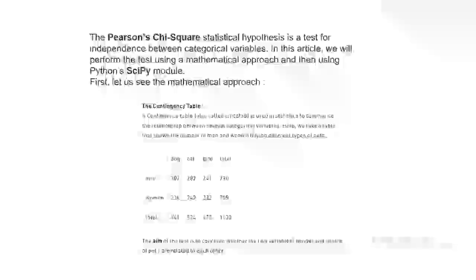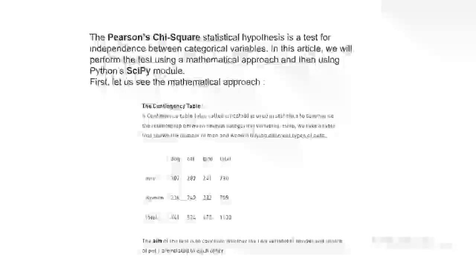The number of men and women buying different kinds of pets, their data is given, and we want to conclude whether gender and choice of pet are related to each other or not. So there are two variables, gender and pet. The pet is in three different categories: dog, cat, and bird.